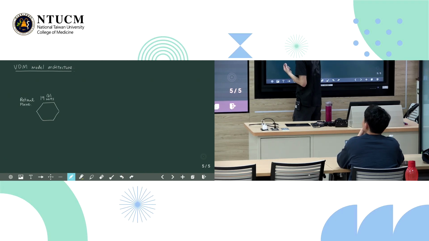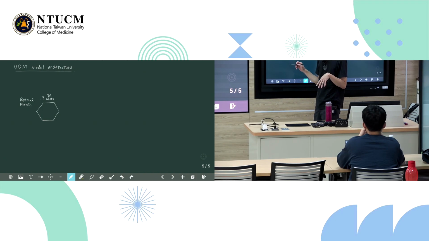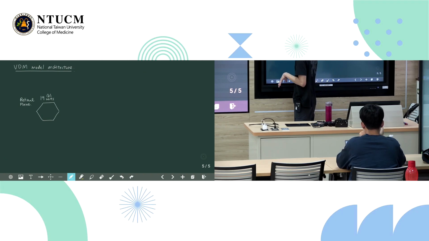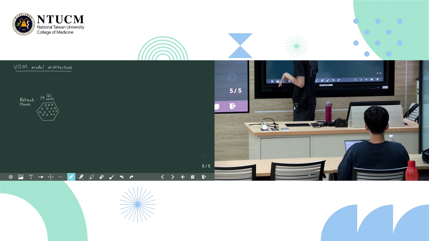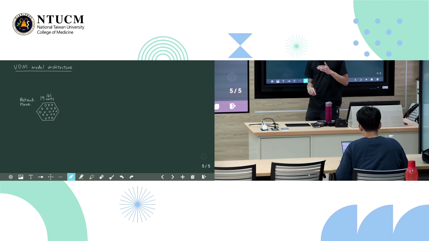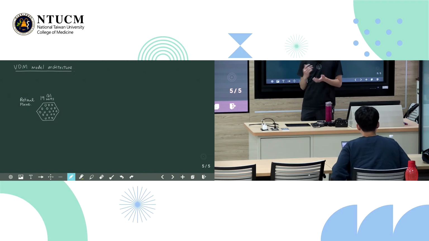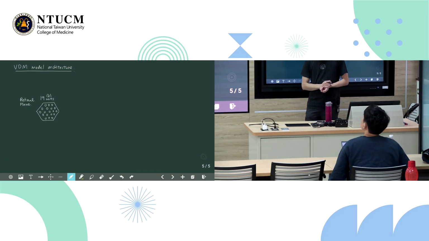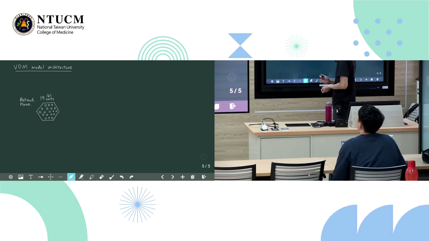And this is important to appreciate: by definition, if you have a hexagon and you have 19 units, then it's going to be 1, 2, 3, 1, 2, 3, 4, 1, 2, 3, 4, 5, 1, 2, 3, 4, 1, 2, 3. It's going to be 3, 4, 5, 4, 3. That will instantiate your hexagon patch, your retinal plane.